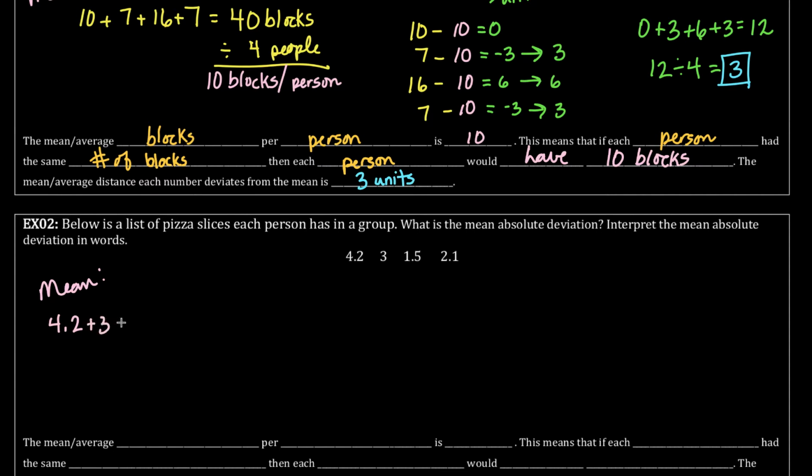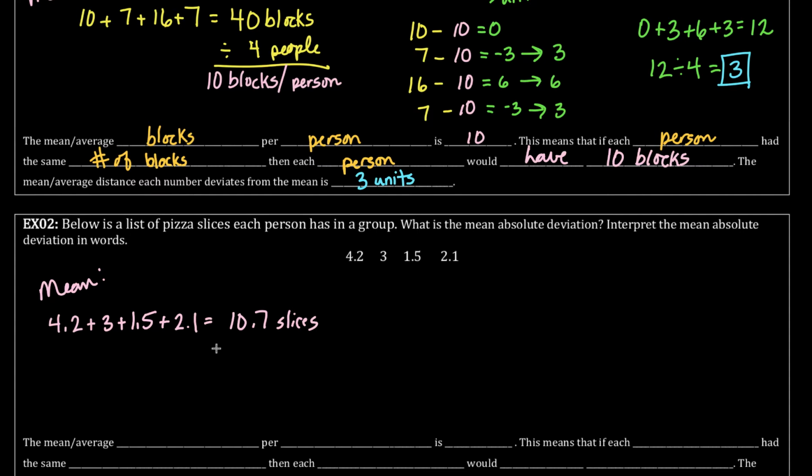4.2 plus 3 plus 1.5 plus 2.1. So 4.2 plus 3 plus 1.5 plus 2.1, and I get 10.7 slices. We could talk about slices of pizza, right?